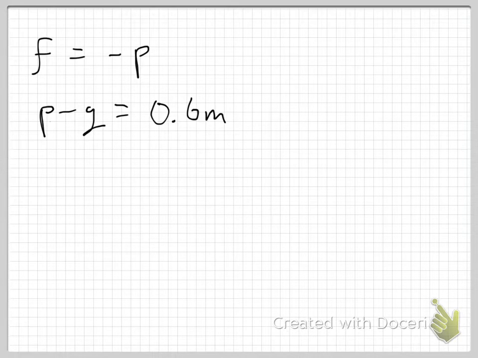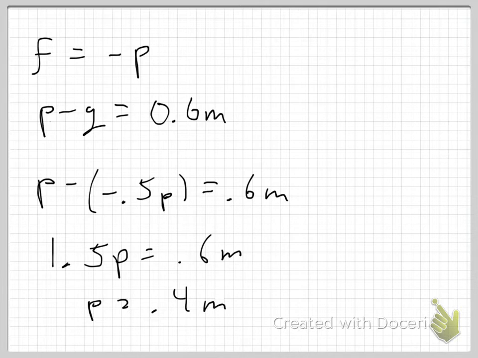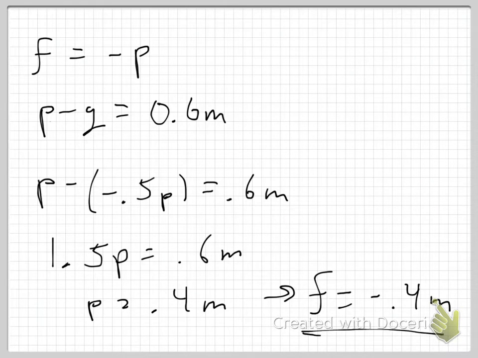Q is minus 0.5 p, so I get p minus (minus 0.5 p) is equal to 0.6 meters. Of course, that works out to be 1.5 p is equal to 0.6 meters. That means p is equal to 0.4 meters, which means, of course, that my focal length is equal to minus that, minus 0.4 meters. That's the answer to my question.